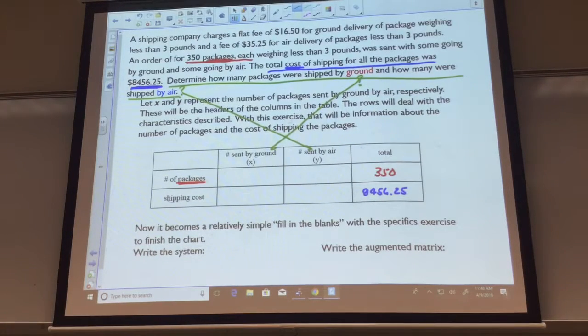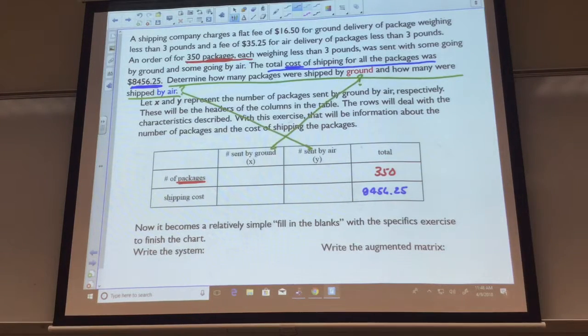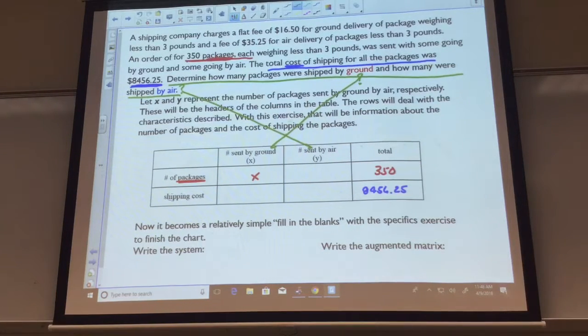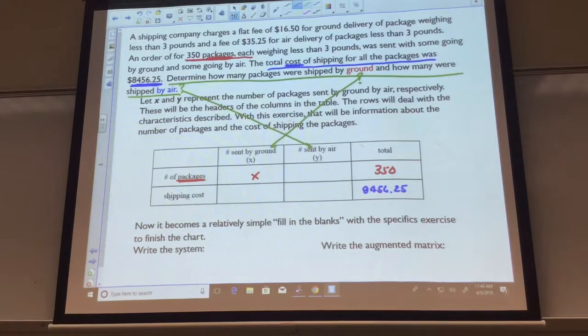How many packages did you ship by ground? You don't know. It's represented by a variable X, isn't it? How many packages did you ship by air? I don't know. Is it the same number of packages I shipped by ground? It could be, but are we sure it is? So if we're not sure, would we be better off putting a different variable?